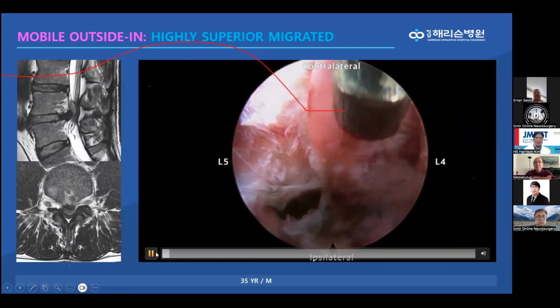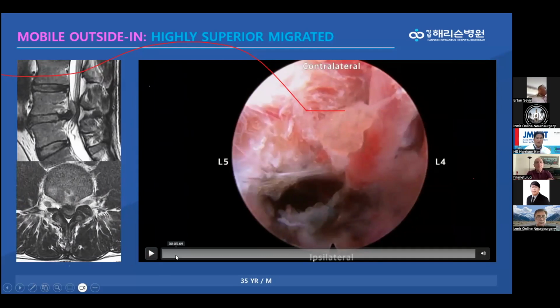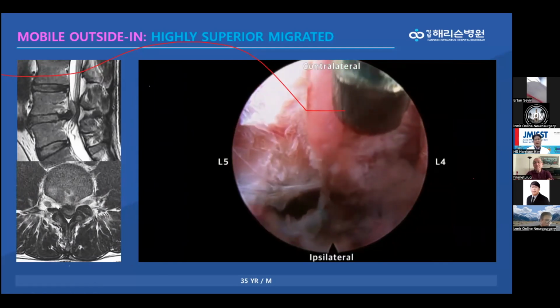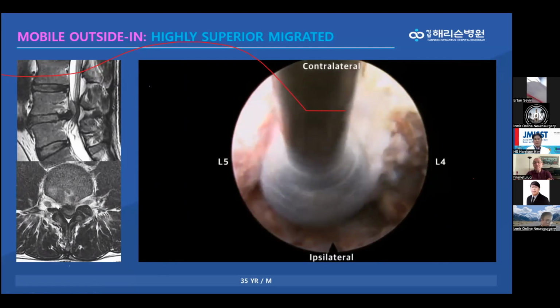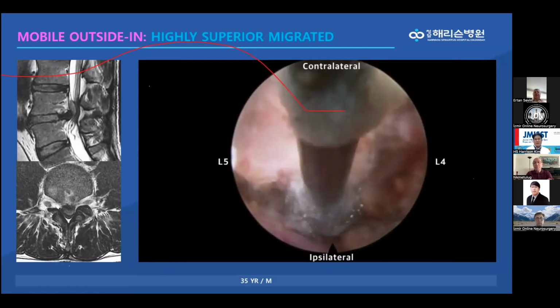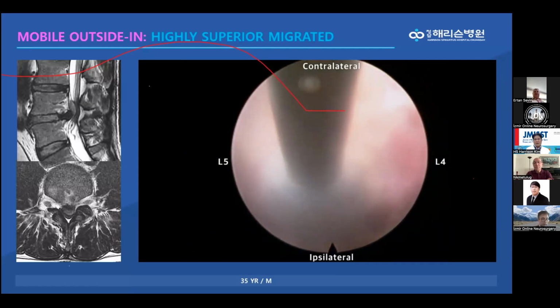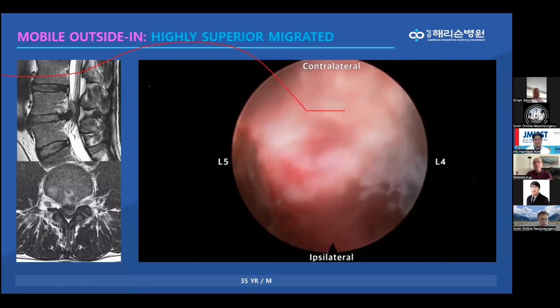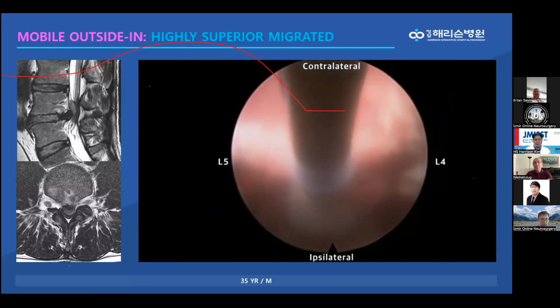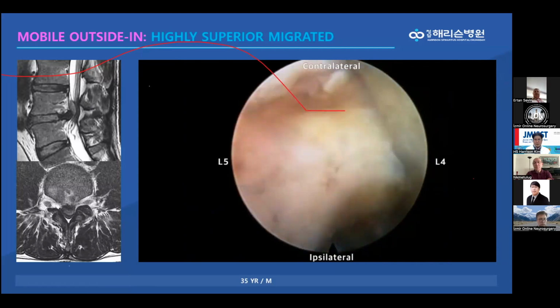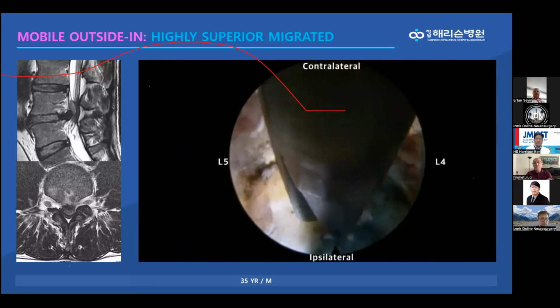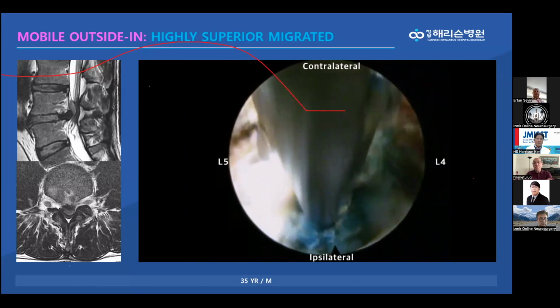Here, another case is a highly superior migrated case combined with high canal compromise. You can see here firstly docking the working channel at the Kambin triangle and drilling the foraminal superior facet area, the superior articular process. Here is the intervertebral disc space, then cutting the foraminal area.